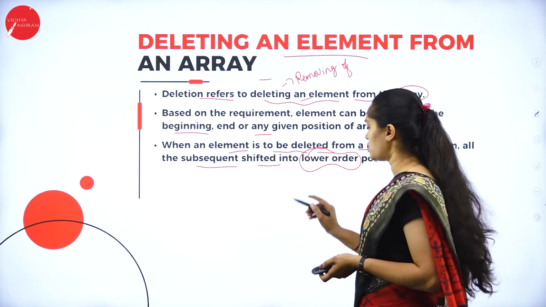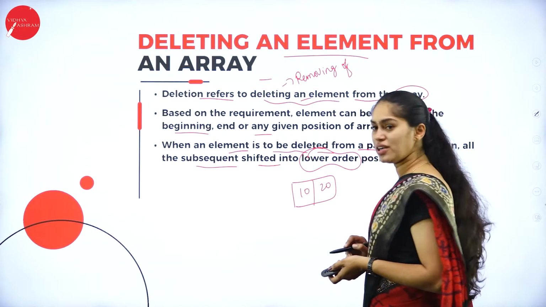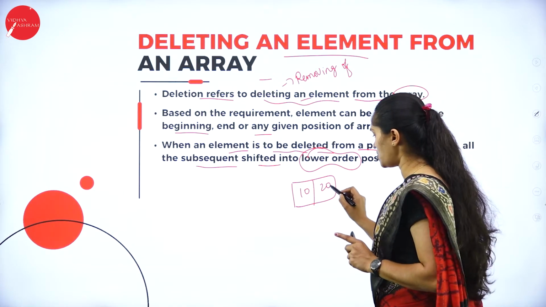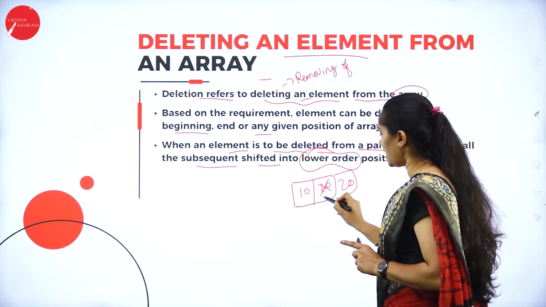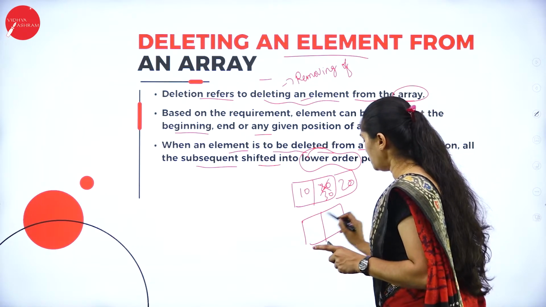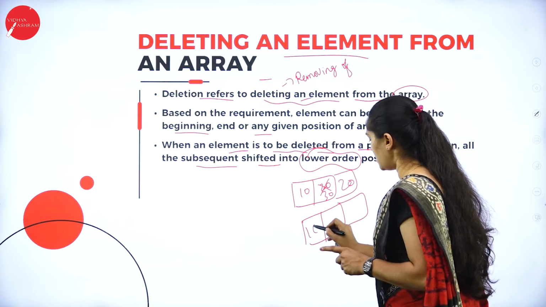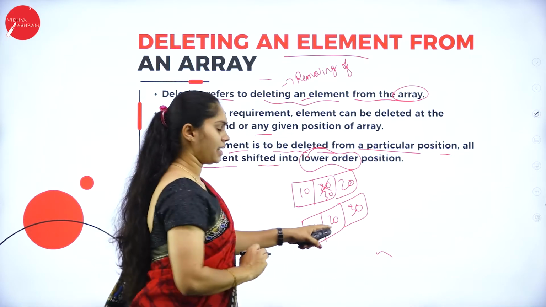Need to remember: in insertion, with 10, 20, if I wanted to insert an element at this position, this 20 would be moved here, so this is now blank and I can add 30. But in deletion, consider 10, 20, 30. Now I want to delete this 20.